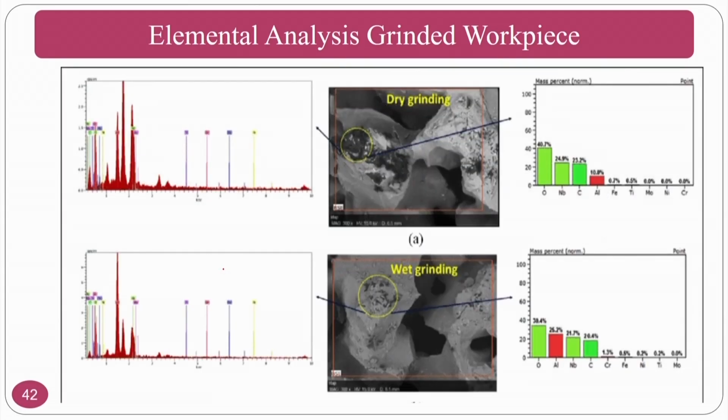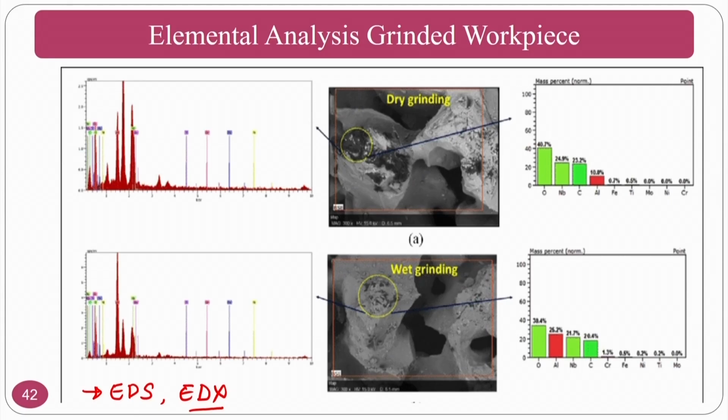For your better understanding, we have taken a ground workpiece here, and it is tested with elemental analysis, that is called EDS, and some people also call it EDX, energy dispersive spectroscopy. People commonly call it EDS, and some people pronounce it EDX also.